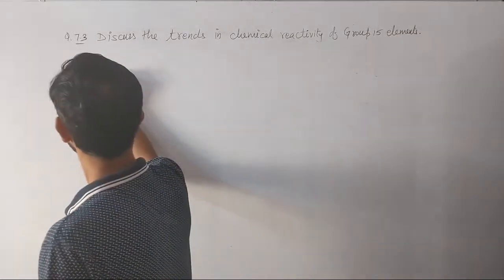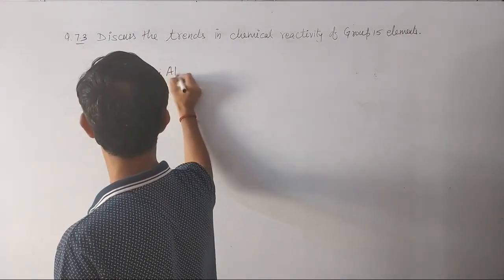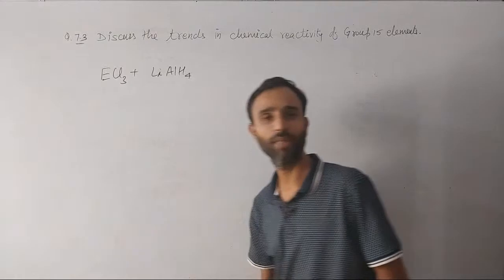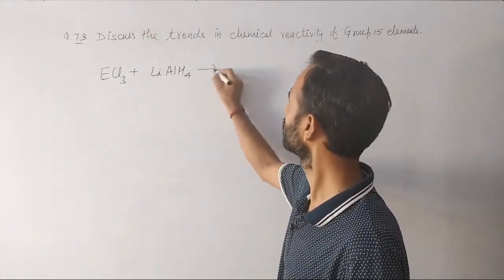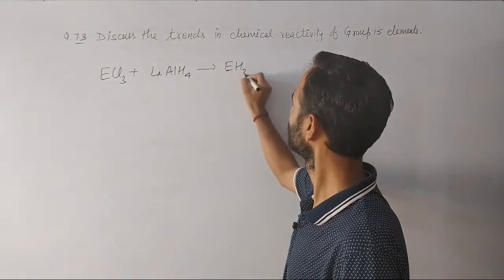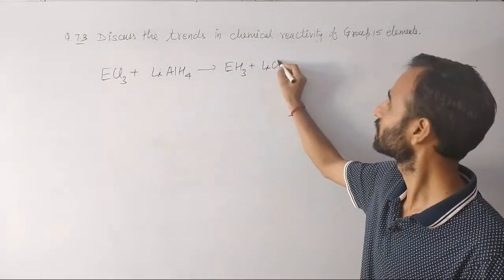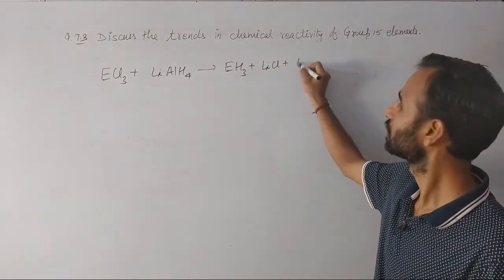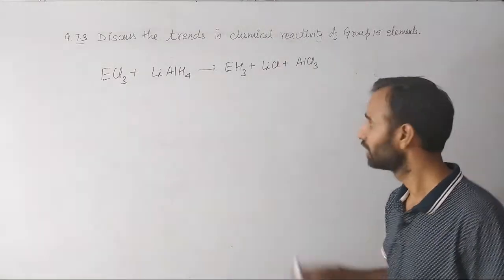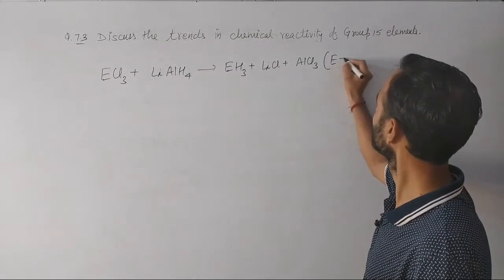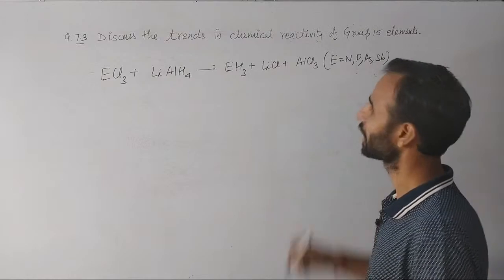So group 15 element chloride, when it is reduced by using lithium aluminum hydride or zinc in HCl, then we get EH3 plus LiCl plus AlCl3, and this element may be nitrogen, phosphorus, arsenic, antimony.